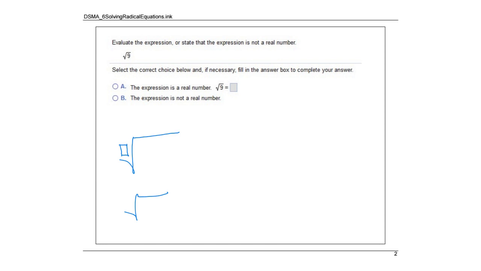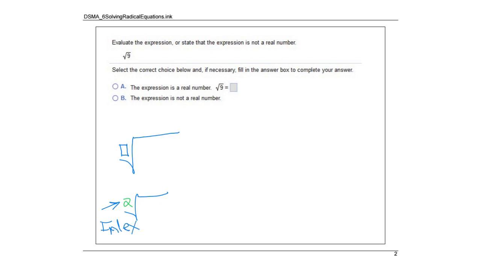It has an implied 2 sitting here. What that means is we're looking for a number that when it's multiplied by itself, it equals what's underneath the radical. So this is the radical symbol. We have the index right there.